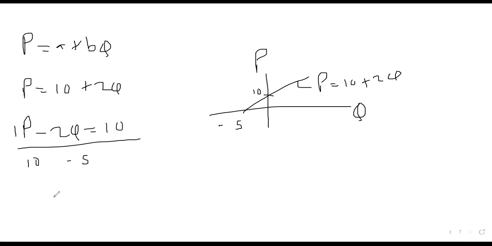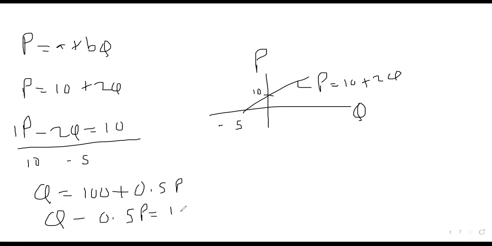All right. You can also come in terms of what? This function here, maybe it will come as Q equals 100 plus 0.5P. All right. So put the letters on one side. So this is Q minus 0.5P is equal to 100. There's an invisible 1 there. So 1 into 100 is 100.